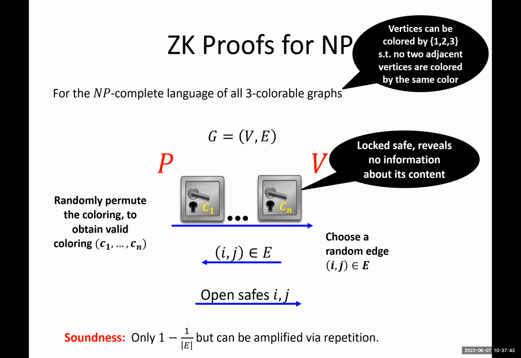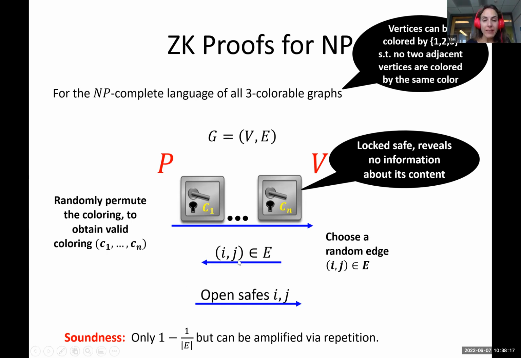Do we achieve the same effect if we permute the boxes or nodes rather than permute the coloring? Okay, good. So permuting the boxes is problematic for the following reason. The verifier needs to know which box corresponds to which vertex, even for completeness, because he needs to know if there's an edge between two boxes.